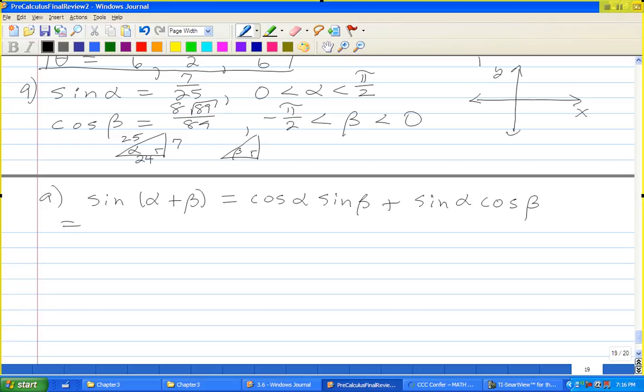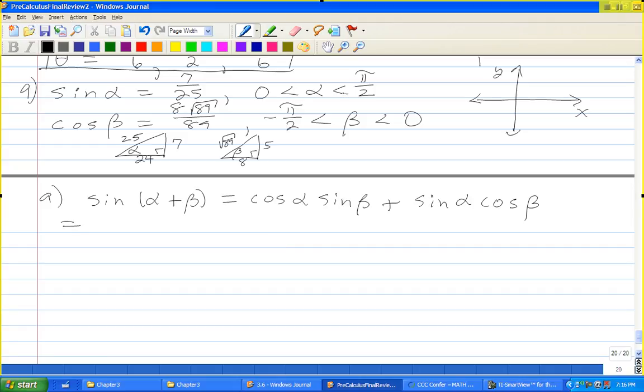Okay, next. For beta, again, it's the reference angle for beta, not necessarily what beta is. This is going to be 8 over rad 89. 64 plus 25 is 89, yeah. Okay, so it's 5.